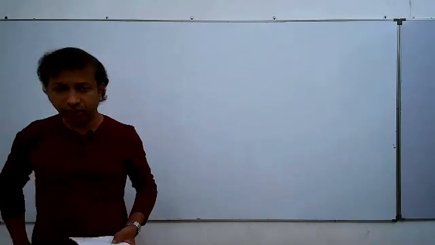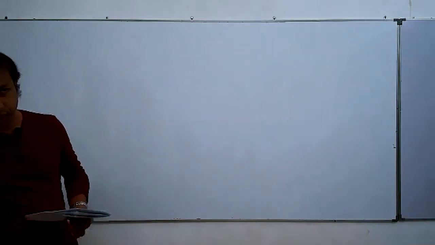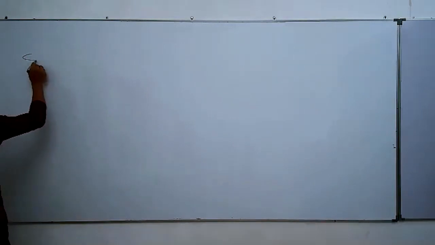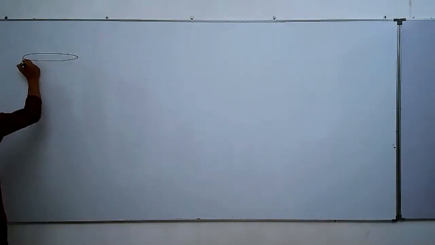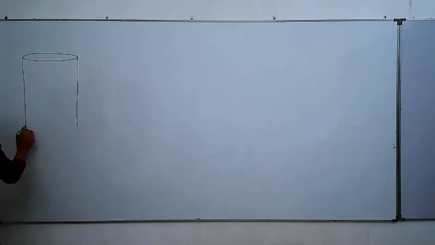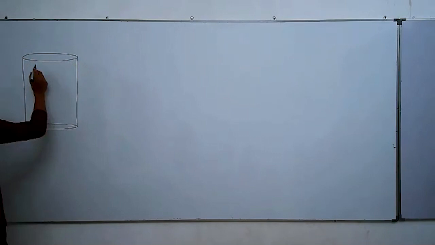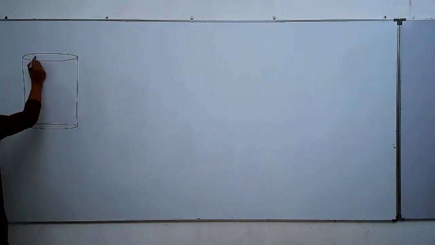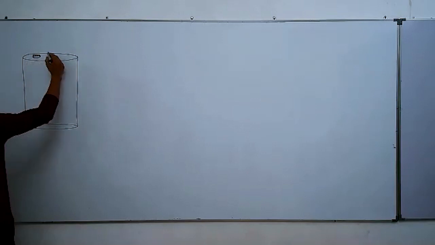You know the meaning of can, people. So you have actually seen this kind of can. The top and the bottom both closed, people, and there's a hole here to fill that liquid, and there's a handle like this.